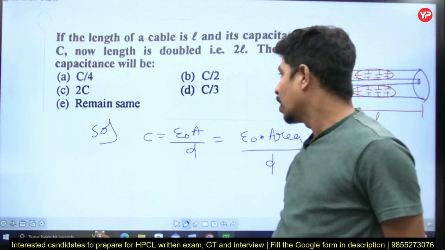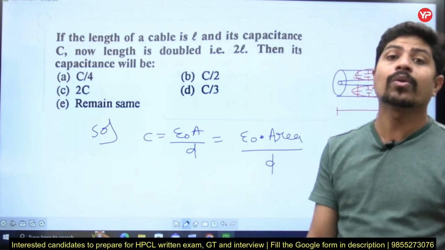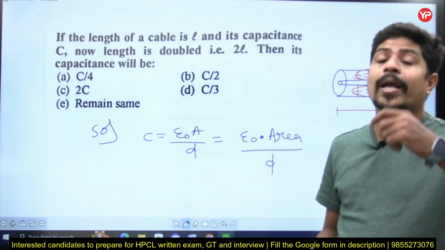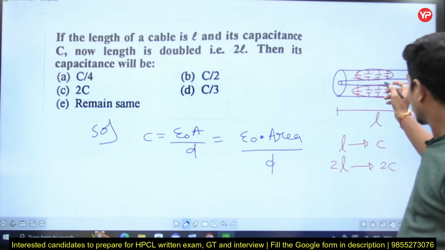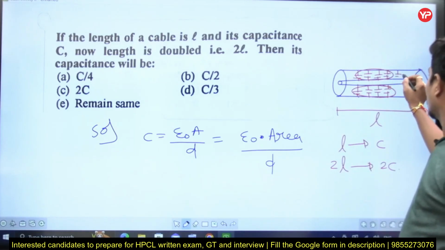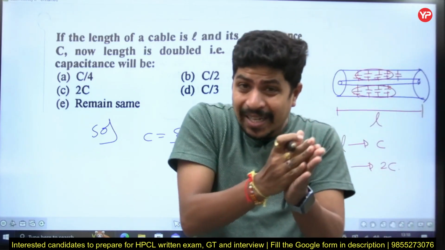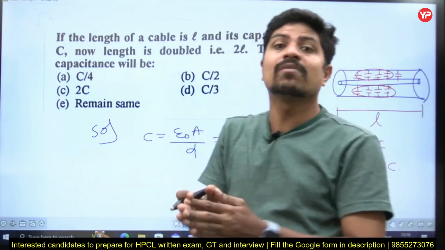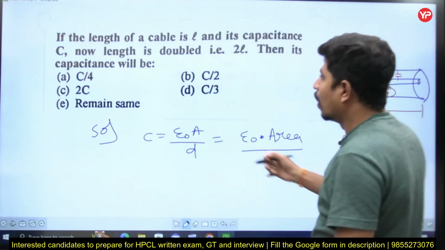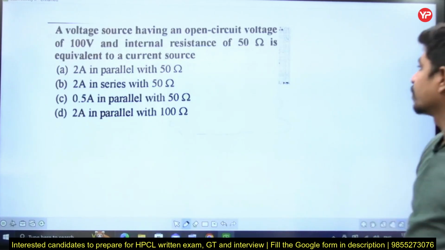Don't take any formula, don't take the area formula and D formula, nothing is required. None of the formulas are going to help, because this is the capacitance of a cable. As you increase the length, the number of capacitance formations will increase, the total summation will increase, therefore it is going to be double. Answer is 2C, right? Let's go to the next question.